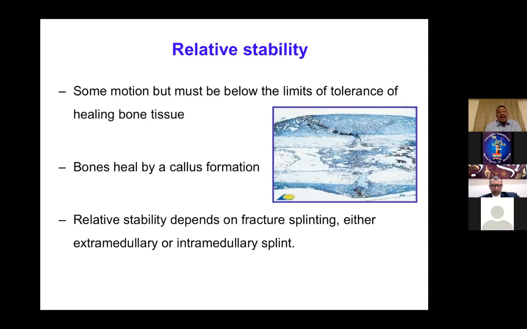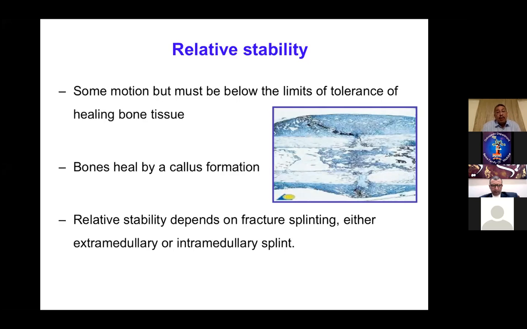This is a change in the mindset of surgeons. You accept some motion, but below the limits of tolerance of healing bone tissue. And you are now happy to see callus formation in the fracture zone. In the past, callus formation meant failure of the implant because the fracture was not under absolute stability.